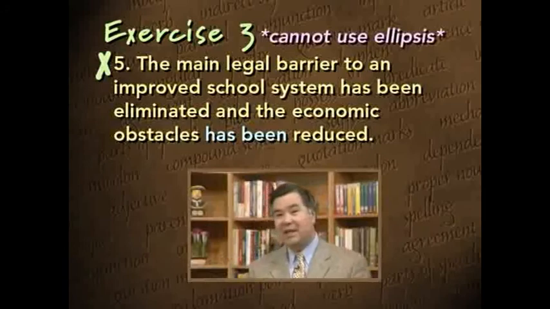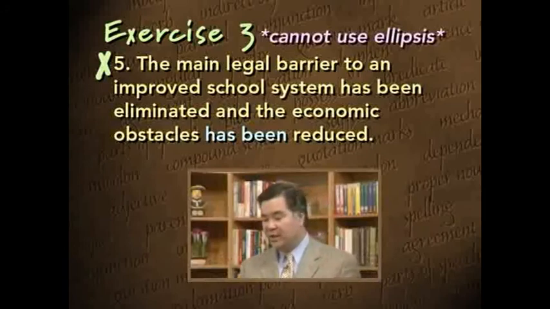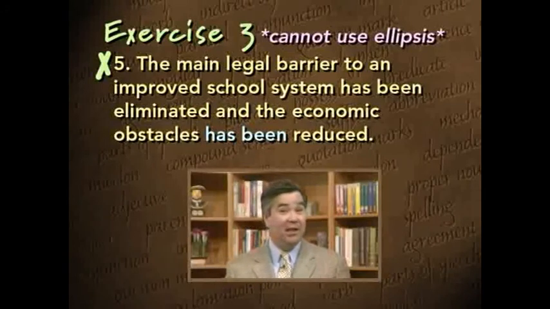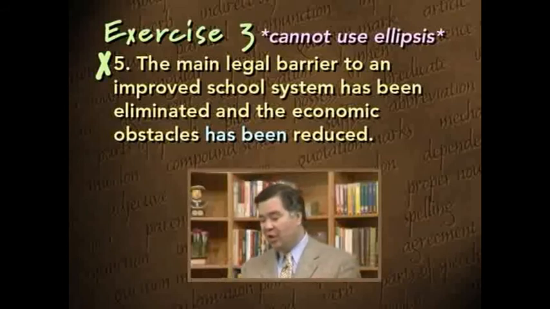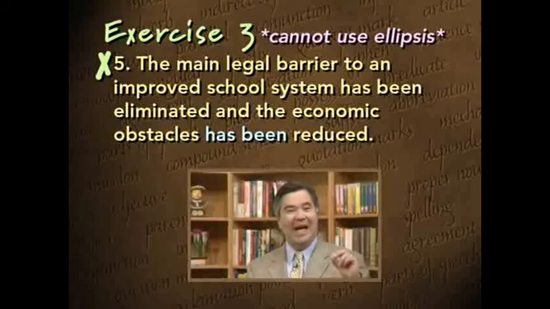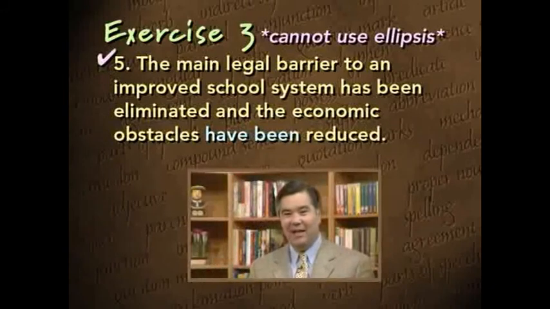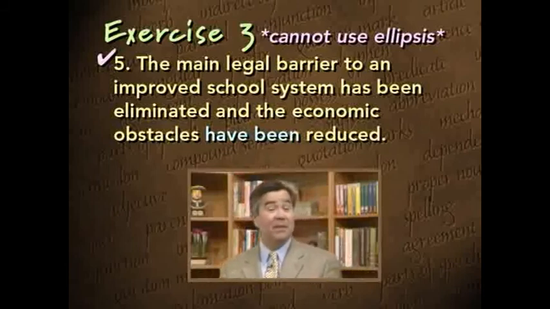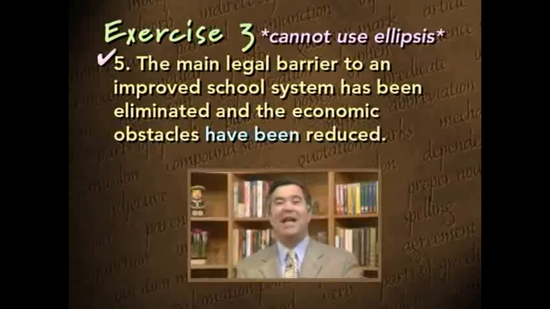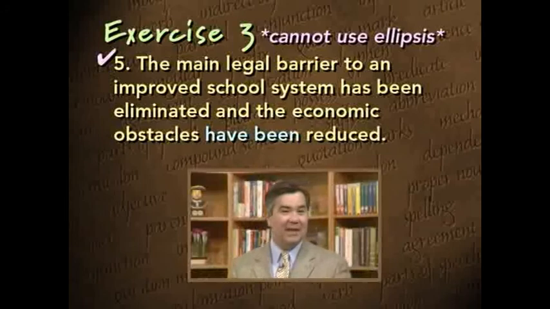The reason is that the subject of the first clause, barrier, is singular, but the subject of the second clause, obstacles, is plural, and therefore the helping verb has been doesn't work. We have to use have been instead. Therefore, we can't use ellipsis here because the exact same words can't be reinserted and make a correct sentence.